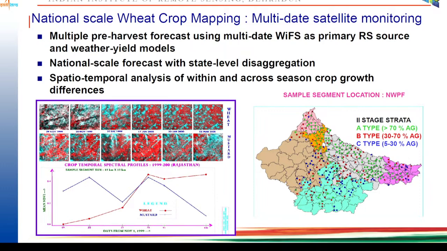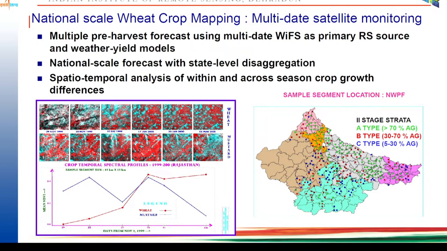Because of the variation in sowing time or sowing window, you cannot have a particular unique date of satellite image acquisition that enables you to classify wheat crop across the whole of India.